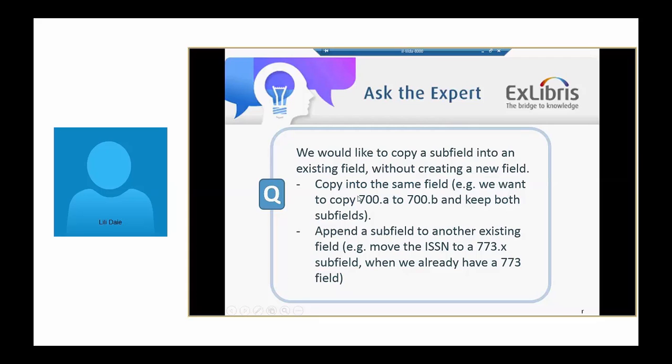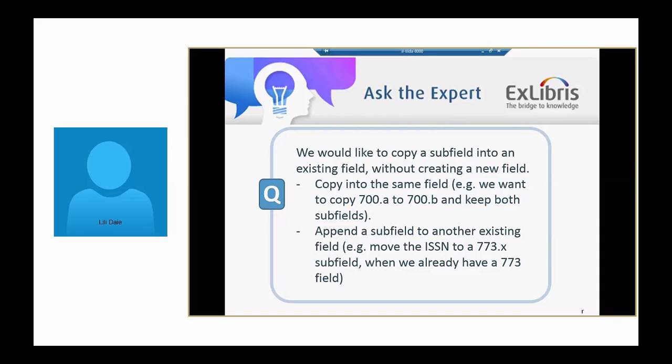Or I can change subfield A to subfield B and then have the content in that subfield. You don't have a way to copy subfield into an existing field at the moment. So you can't append a subfield to another existing field, and you can't copy a subfield within the same field duplicated. You can just change it.